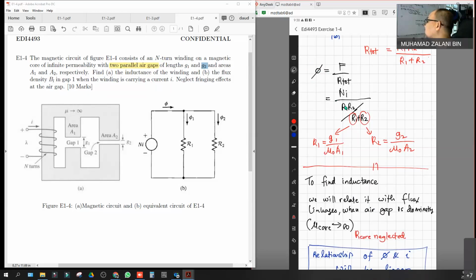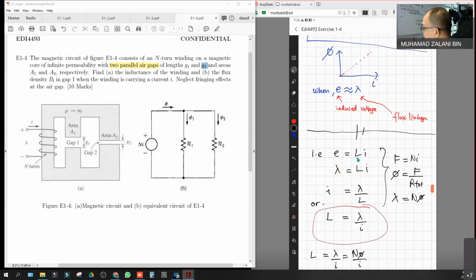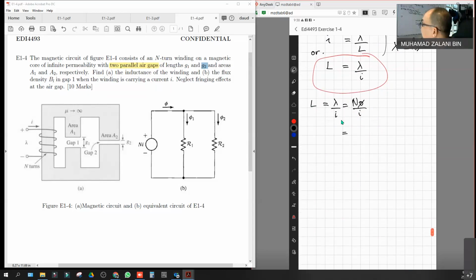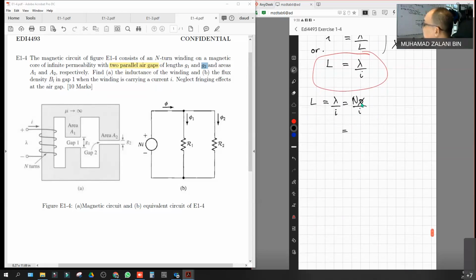We have phi equals Ni R1 R2 divided by R1 plus R2. So we have this equation of inductance in terms of flux linkages and current. Then we can just further compute this equation.